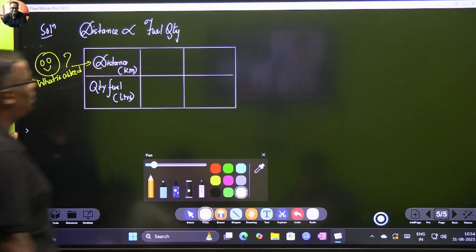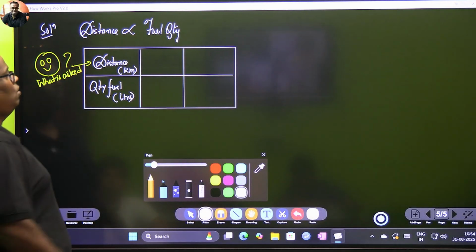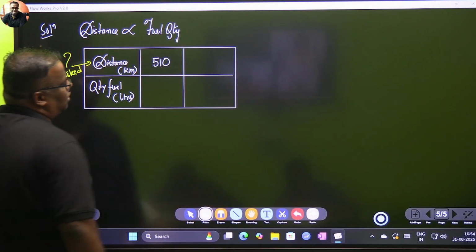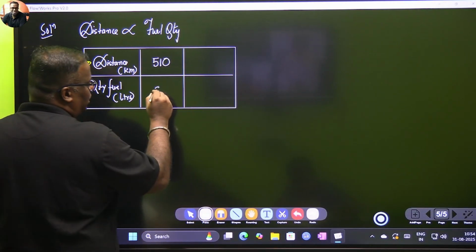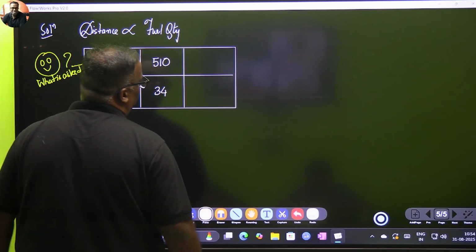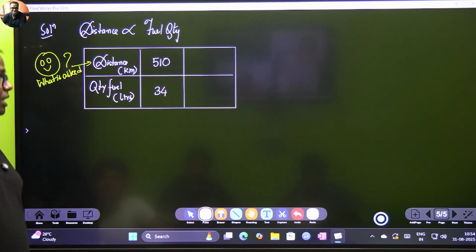Now, can you tell me the data? What was the first distance they've said? 510 kilometers. How much diesel did you burn for that? 34 liters. Next time, how much diesel are you burning? 20 liters of diesel.